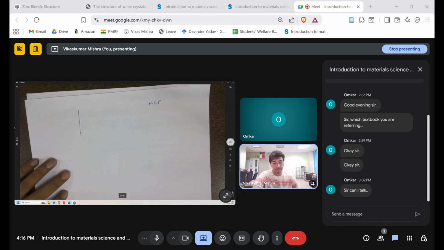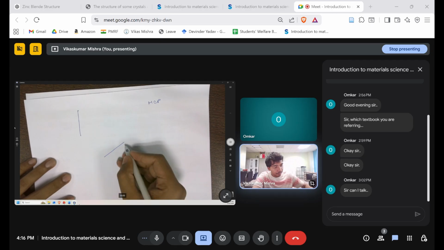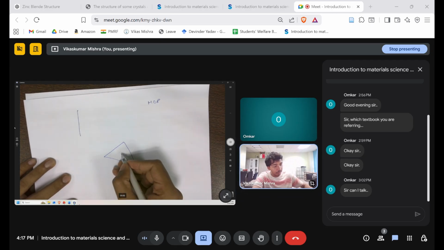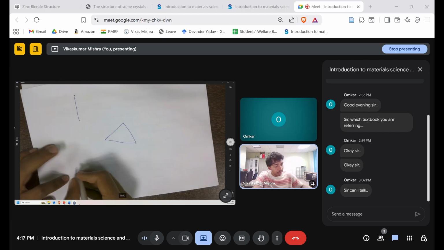So in HCP, what we saw is that we made a tetrahedron, and on top of that particular tetrahedron is nothing but one atom. So what is the structure?